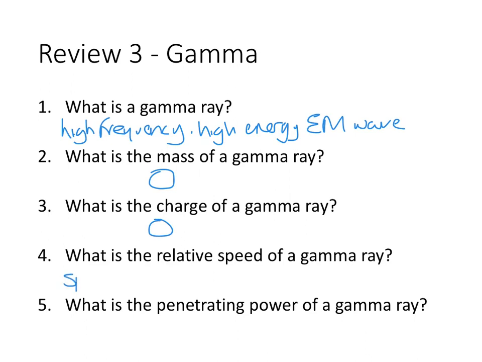So we're going to write speed of light. And nothing can travel faster than the speed of light. And what's the penetrating power of gamma ray? So not absorbed by air.